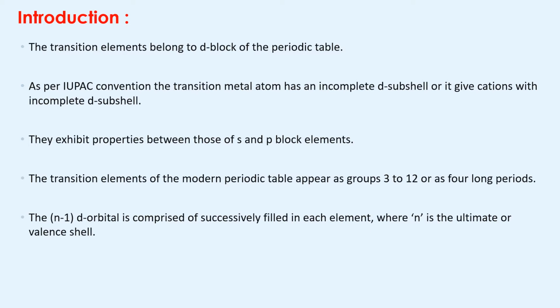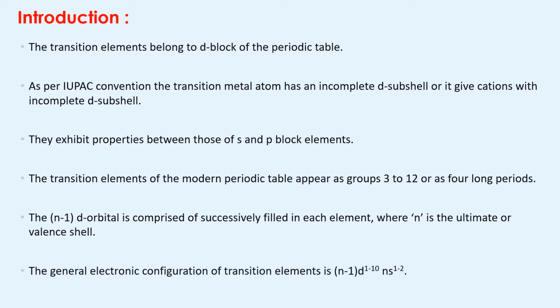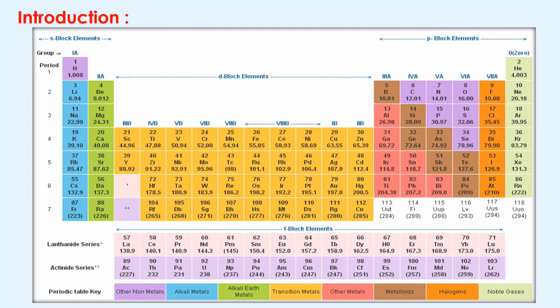Now position. One thing to always remember is the position of transition series, transition elements in the periodic table. See this periodic table. In this periodic table, first is our 3d series, that is from scandium to zinc.